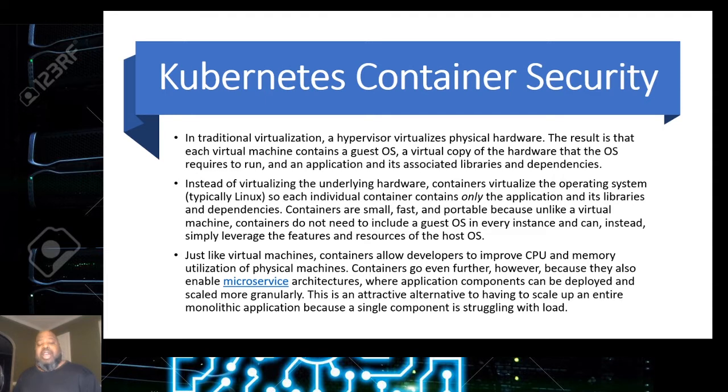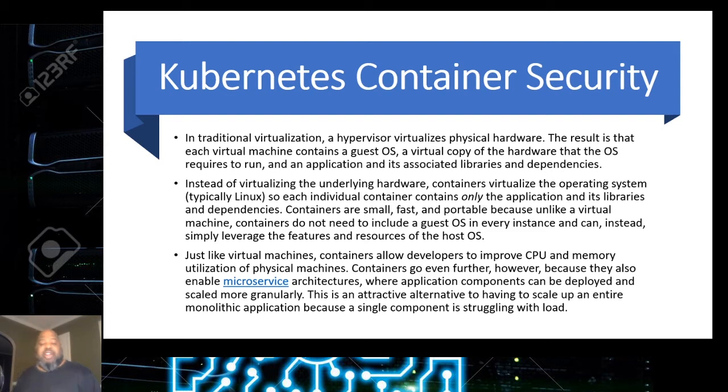Containers are small, fast, and portable because, unlike a virtual machine, containers do not need to include a guest OS in every instance and can instead simply leverage the features and resources of the host OS. Just like a virtual machine, containers allow developers to improve CPU and memory utilization of the physical machine.